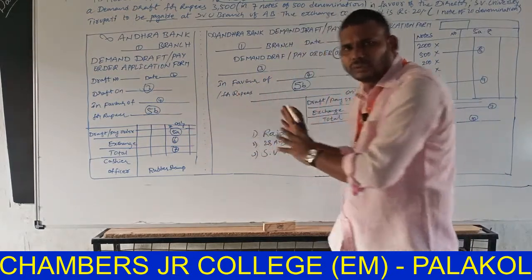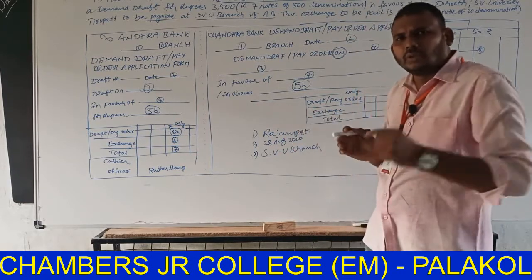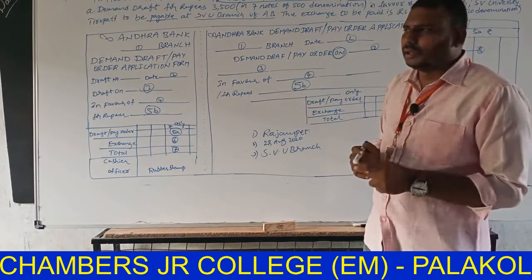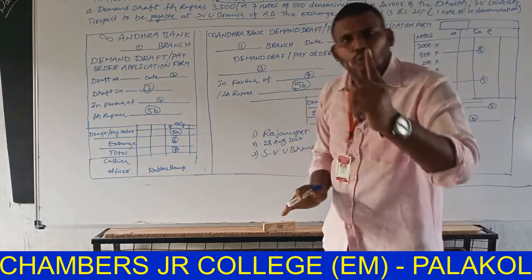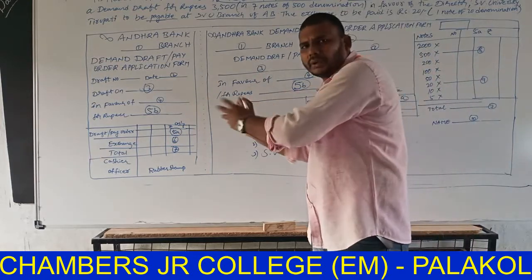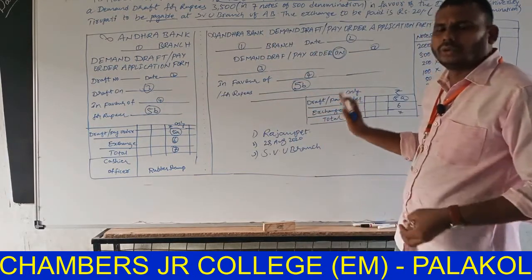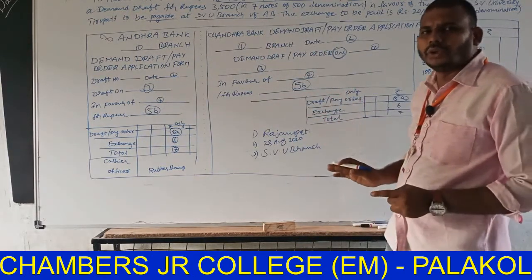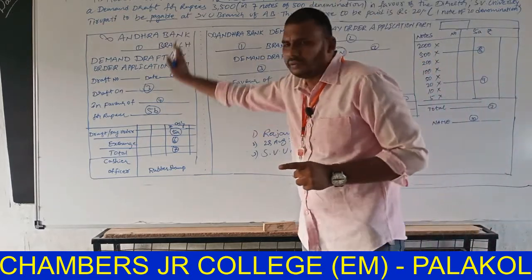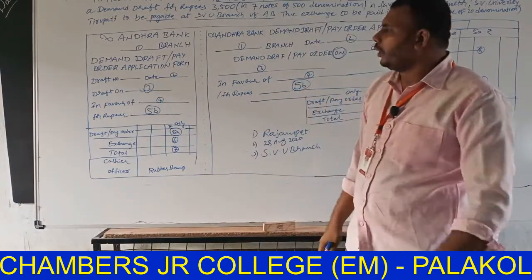Most of the columns look the same, but only a few are different. But what we should remember is you need not write the answers 2 times, because you may get confused. The numbers are repeated in the counterfoil and the main slip, but don't get confused, you need to write the answers only 1 time, because the same columns are mentioned in the counterfoil. Got it? Okay, let us see.